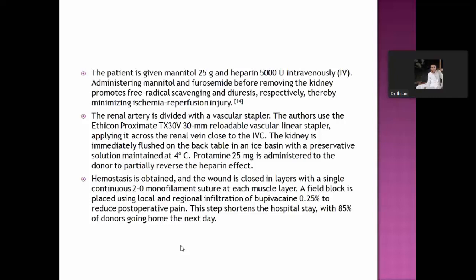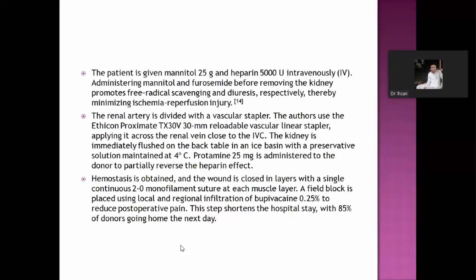The kidney is immediately flushed on the back table in an ice basin with the preservative solution maintained at 4 degrees Celsius. Protamine 25 mg is administered to the donor to partially reverse the heparin effect.